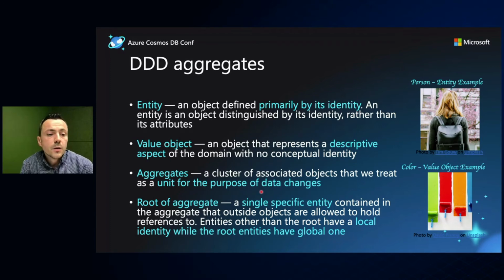Each aggregate also has one entity defined as the root of the aggregate, and the others are non-root entities. The root aggregate entity has a kind of global identity, while non-root entities have just local identities and can be referred to only inside the aggregate.